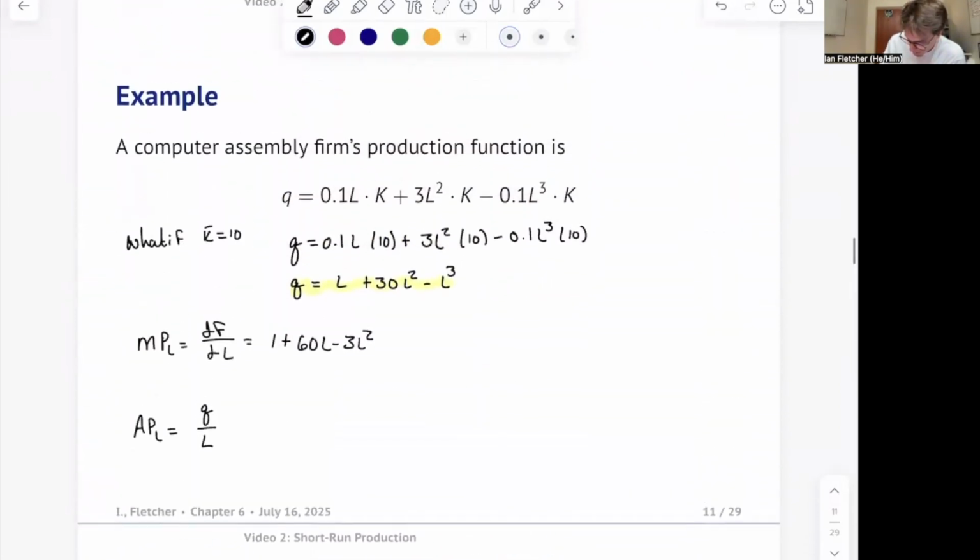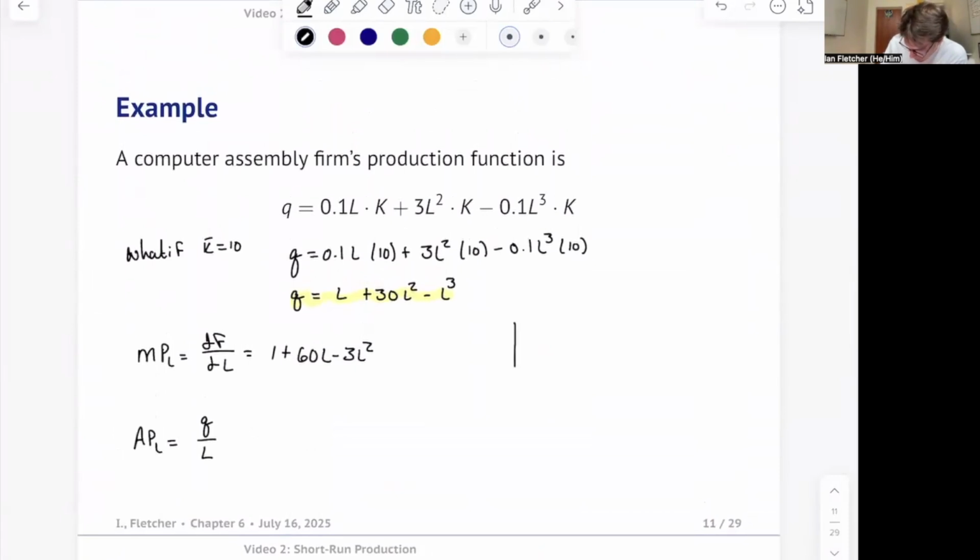And so, if we wanted to draw these, oh, this is not going to go well. If we put labor here and output here, no, we wouldn't put output here. Oh, we're gonna want two figures, sorry.